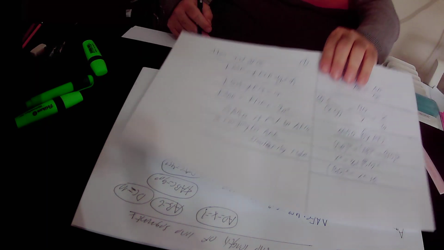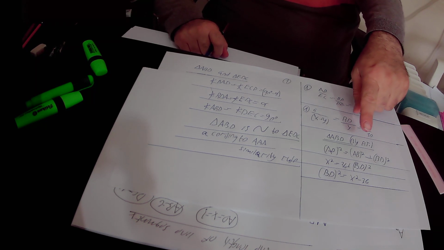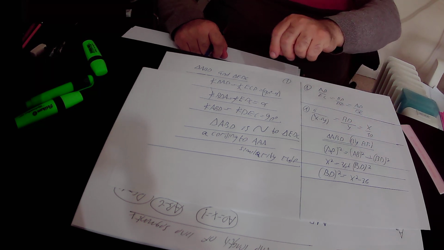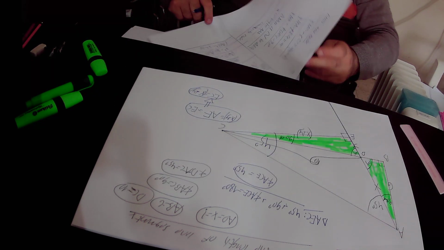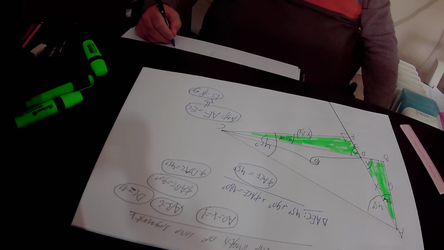We found that BD squared equals x squared minus 36. Here we take the root of this equation and we get that BD is equal to the square root of x squared minus 36.